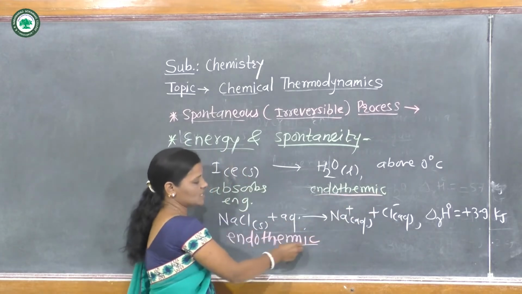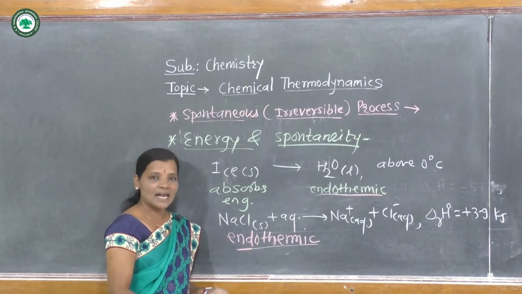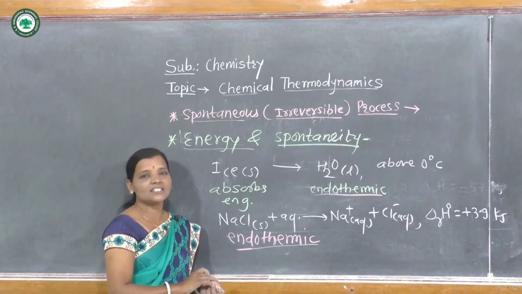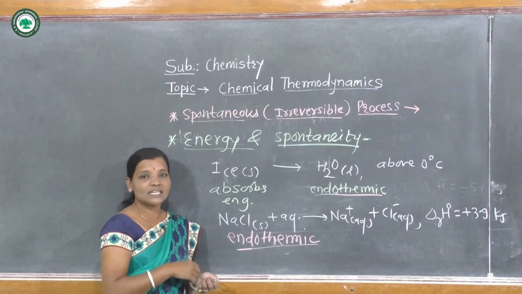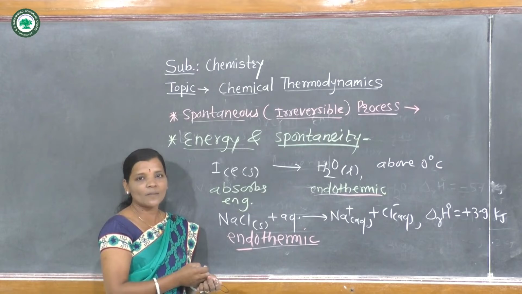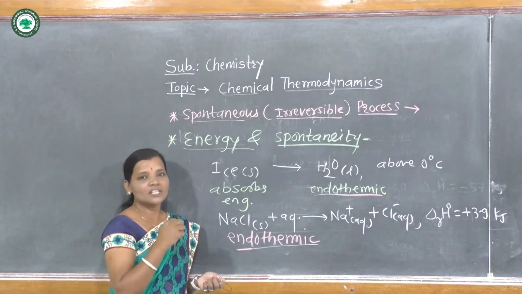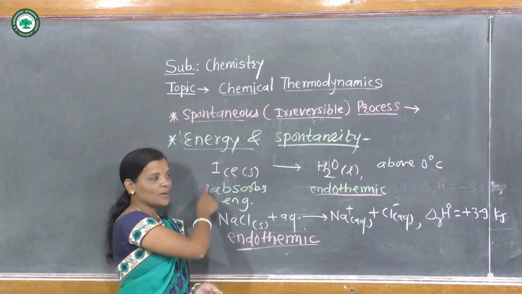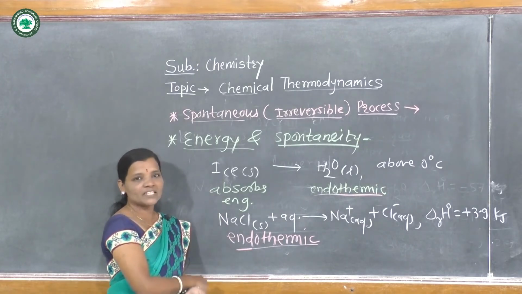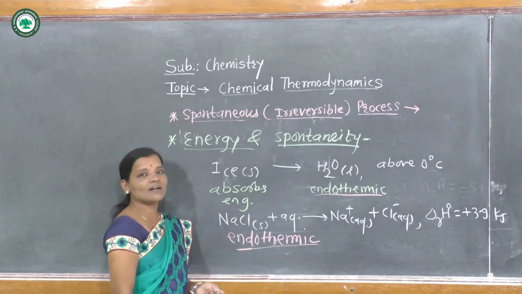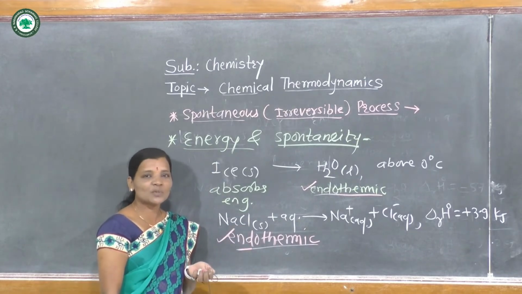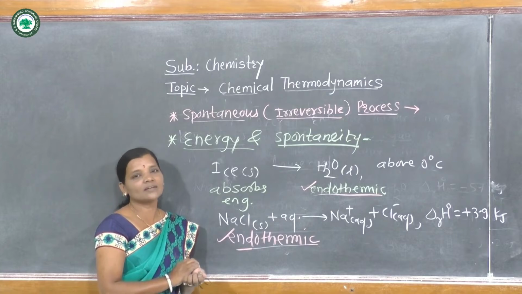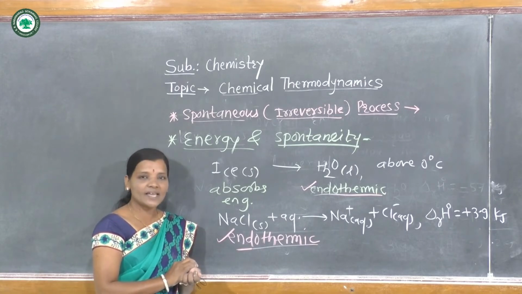Hence exothermicity is not the criterion to identify a spontaneous reaction, because it is said that a spontaneous reaction occurs in the direction in which energy gets lowered. But both of these examples are spontaneous and endothermic, so we can conclude that exothermicity is not the criterion for a spontaneous process.